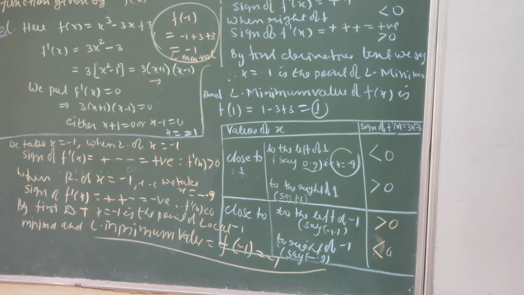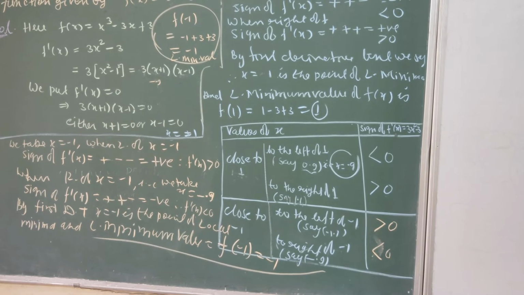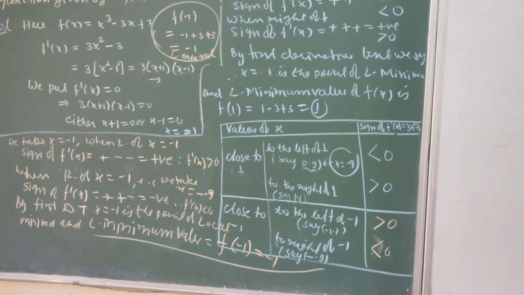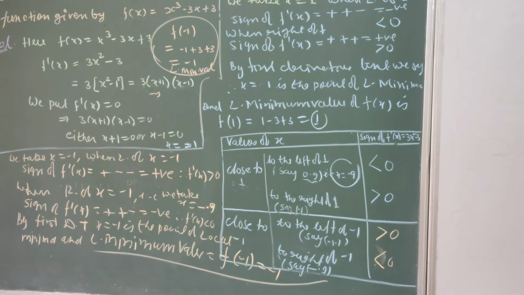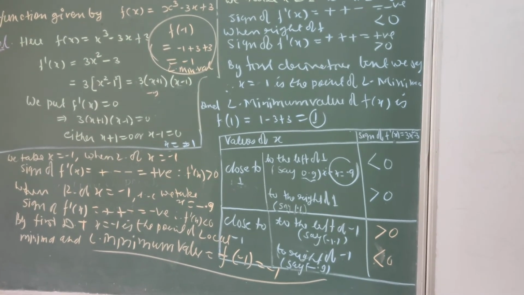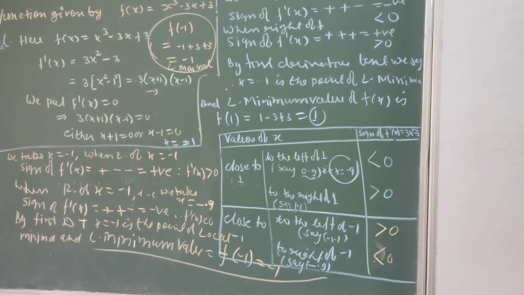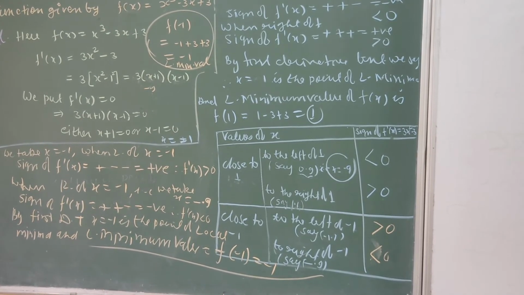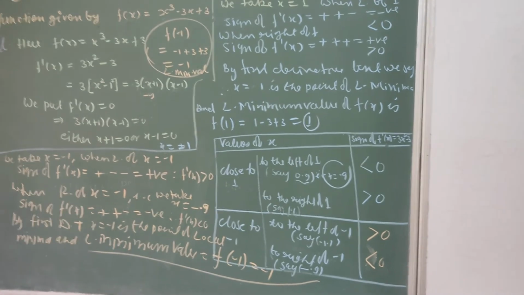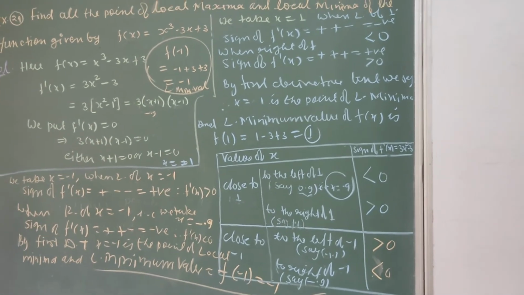If it changes from negative to positive, the point is local minima, and if it changes from positive to negative, the point is local maxima. And when you put x equal to the critical point in the given function, we get the corresponding maximum and minimum value of the function. That's all.